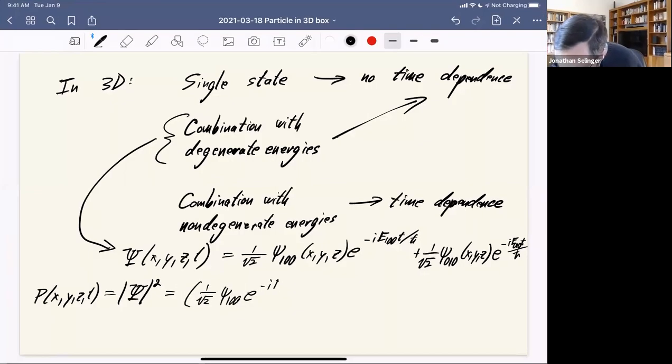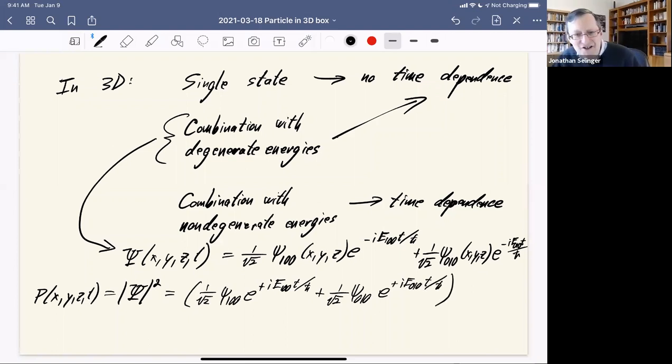Okay, here's the complex conjugate. E to the plus i E 1, 0, 0 t over h bar plus 1/√2 psi 0, 1, 0 e to the plus i E 0, 1, 0 t over h bar. Okay, there's a complex conjugate, right?